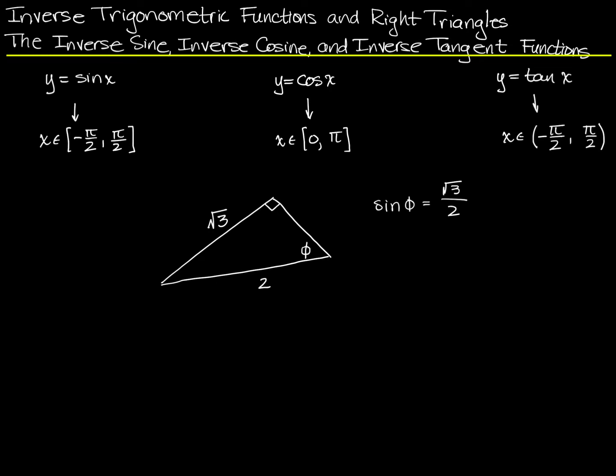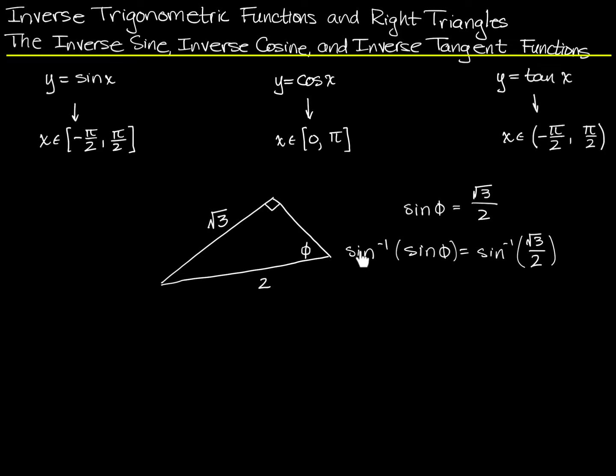If I'm looking for an angle instead of looking for a side, let's copy this: sine of phi equals the square root of 3 over 2, and then I'm going to do the same thing to both sides. I'm going to take the sine inverse of both sides.